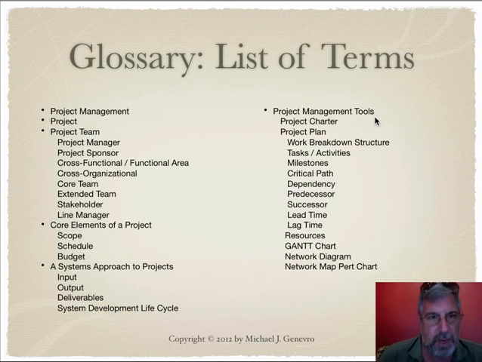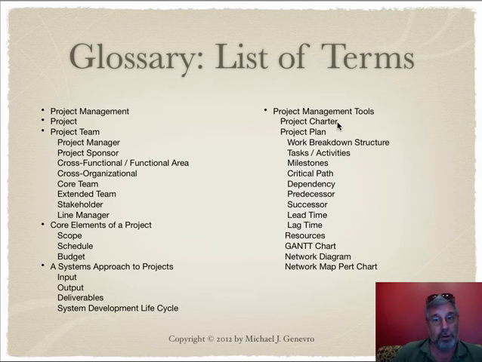The project manager doesn't have to start from scratch. There are several core tools available to project managers that can help them in organizing, structuring, planning, and monitoring their projects.